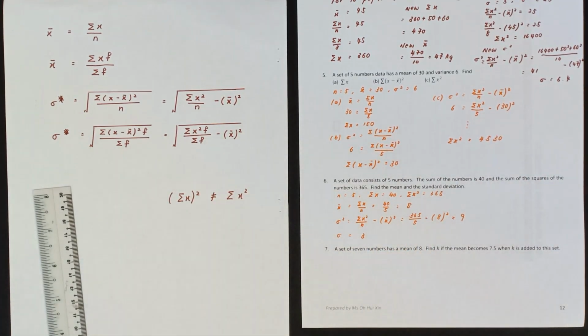Something you must make sure of: remember the concept of standard deviation and variance. When we do the process of squaring, we square the numbers so that we don't have negative distances, so that we can balance up the positive distances.